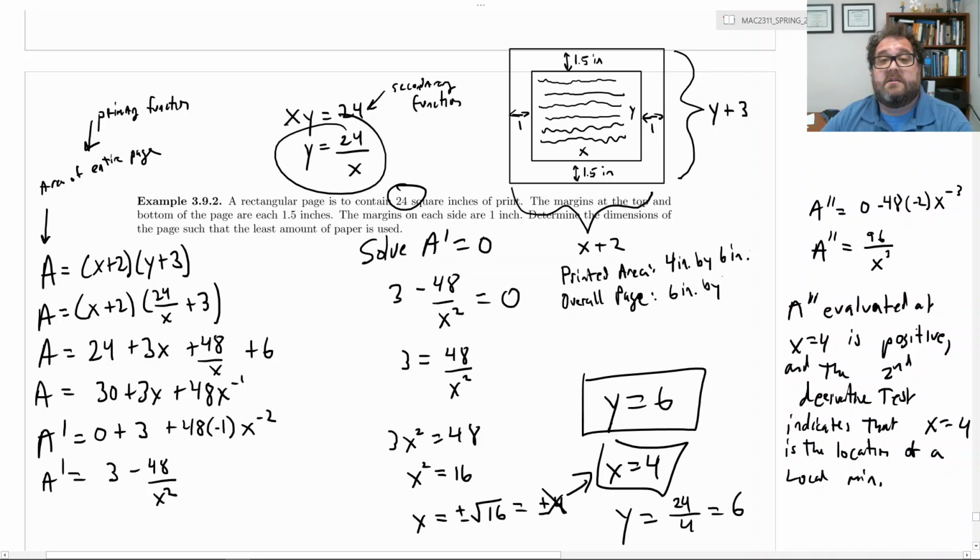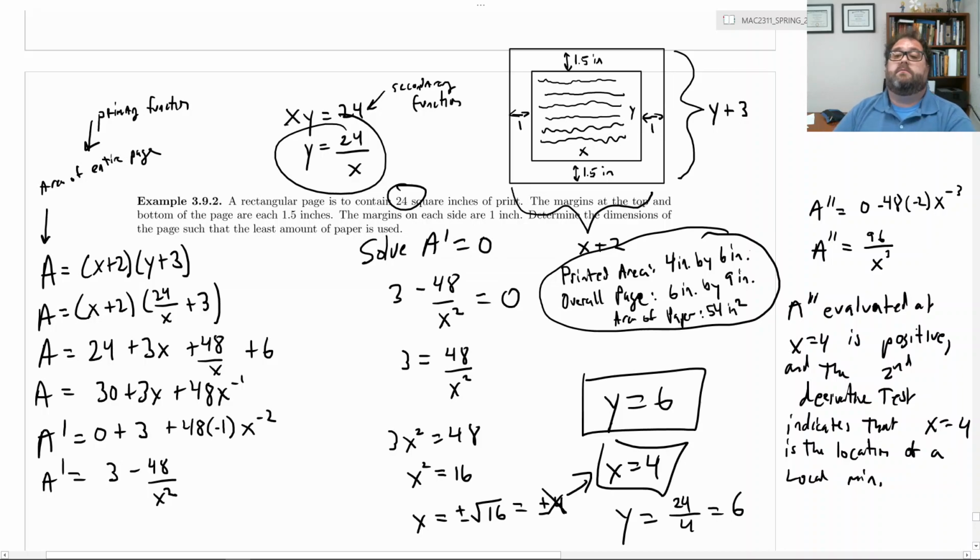And for the height, it was y plus 3, so 6 by 9 inches. So I guess there's our more complete solution. And then what is the area of that piece of paper? Well, 6 times 9, 54 square inches.